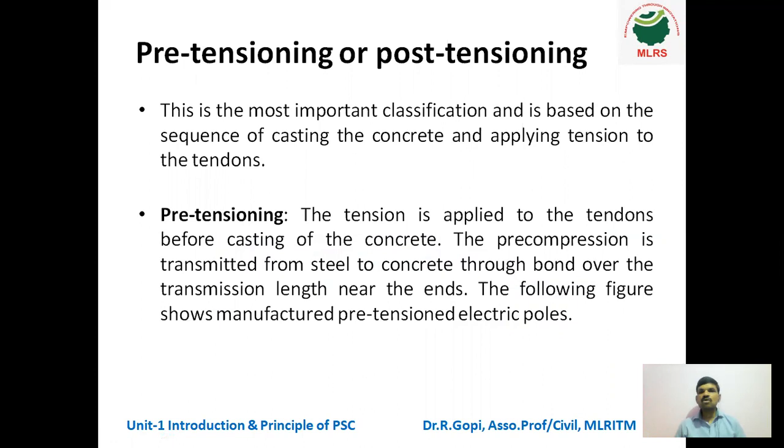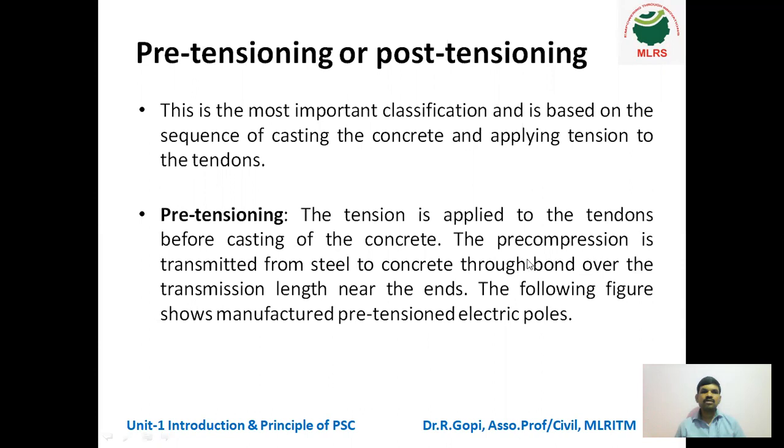Pre-tensioning means before concrete, the steel wires are tensioned. Post-tensioning means after concrete gains strength. Suppose the concrete mix design is M40 grade; after achieving the strength of 40 MPa, the steel wires are tensioned. So it is called post-tensioning.